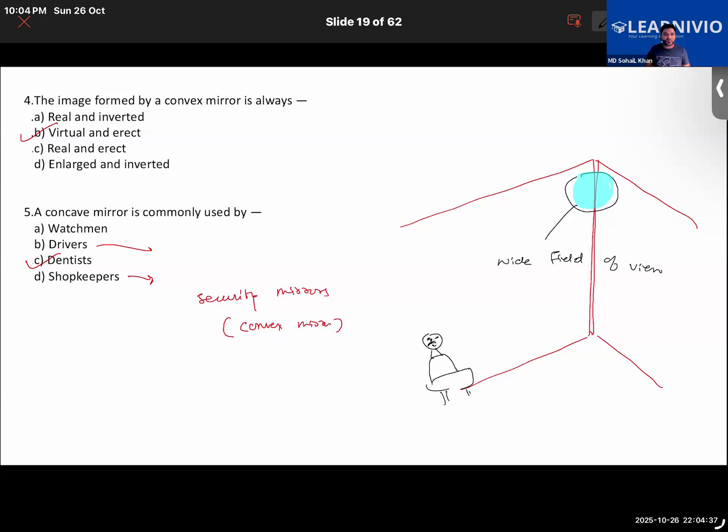In this case, they can use binoculars sometimes. Think about it. They will also need a wider field of view. If watchmen get a wider field of view, they can keep an eye on everything going on in the surroundings, right? So in that sense, again, a convex lens.